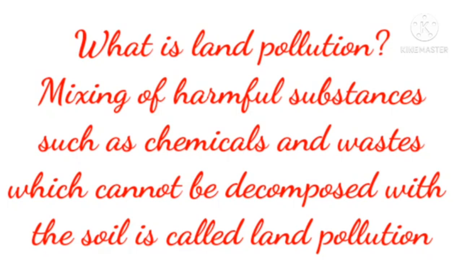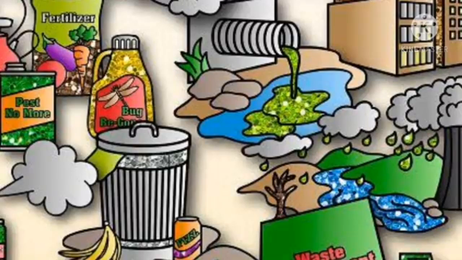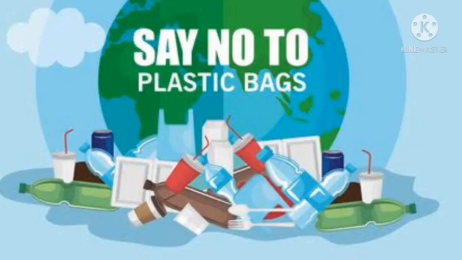What are harmful substances? Agriculture waste, domestic waste, industrial waste, fertilizers, pesticides, etc. In this, agriculture waste includes fertilizers and pesticides, and domestic waste consists of glass and plastics.